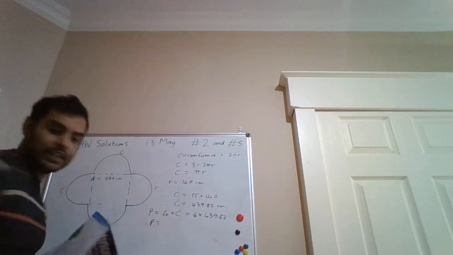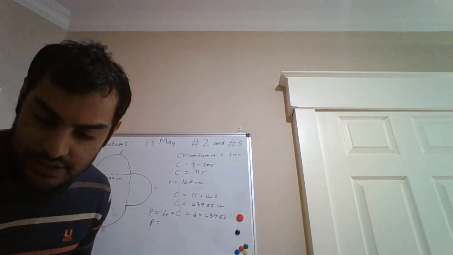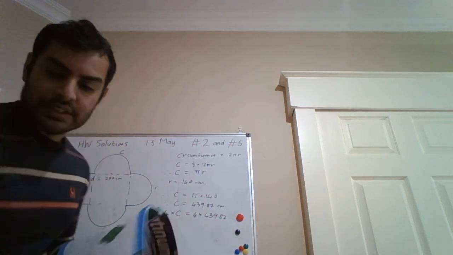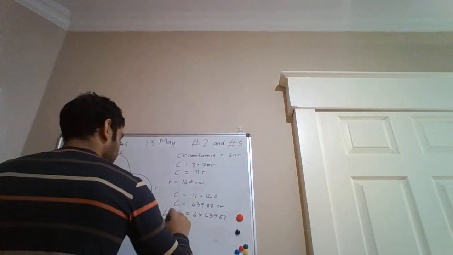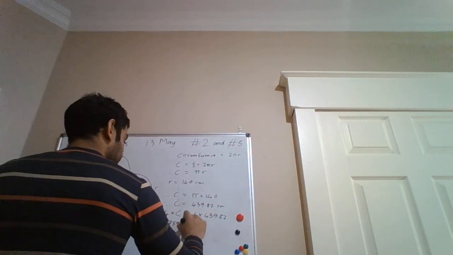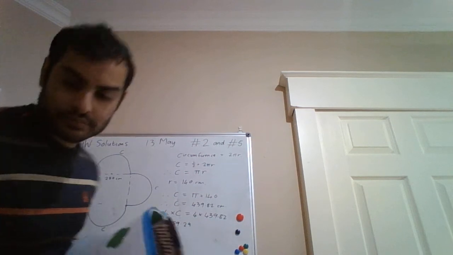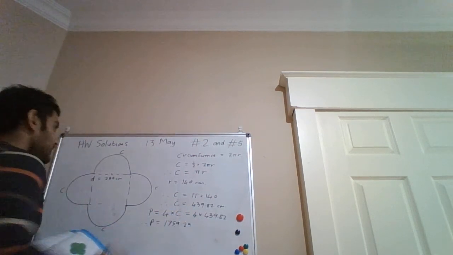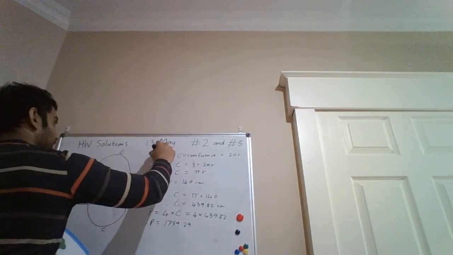So the length of the perimeter is 1759.29. Okay, so that's for 5A.